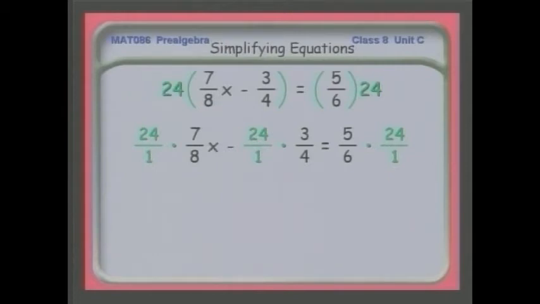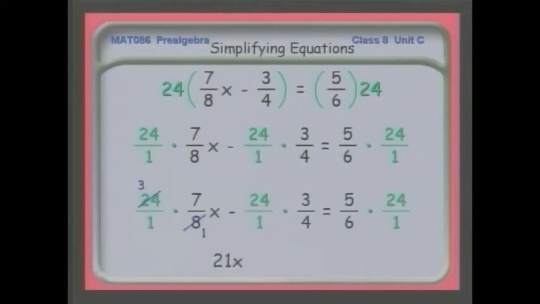Watch carefully now. What I'm going to do is look for common factors. For example, if I have 8 in the denominator of the 7/8, I have a factor of 8 in the 24 too. I can divide 8 by 8 to get 1, and the 24 by 8 to get 3.